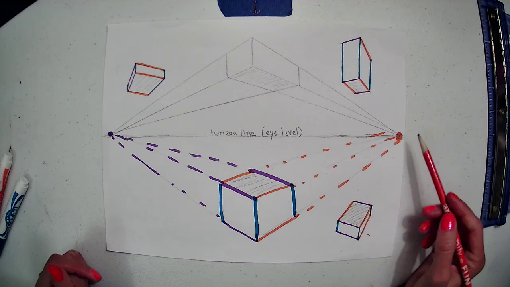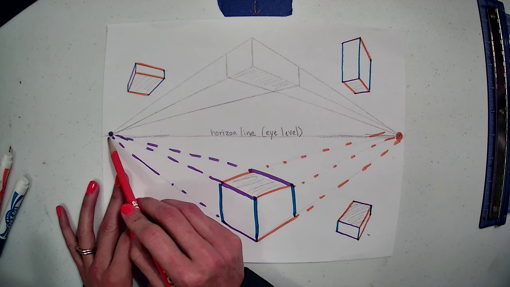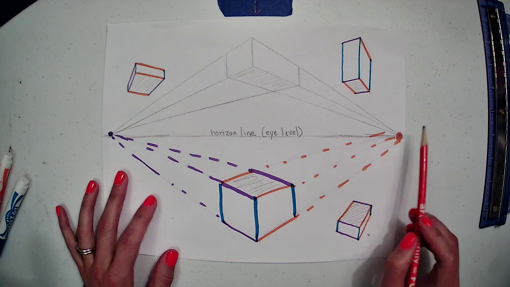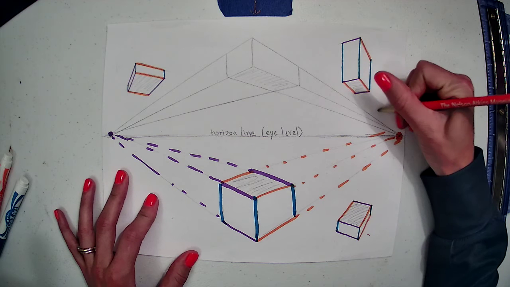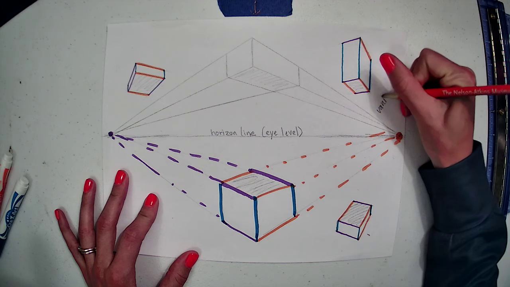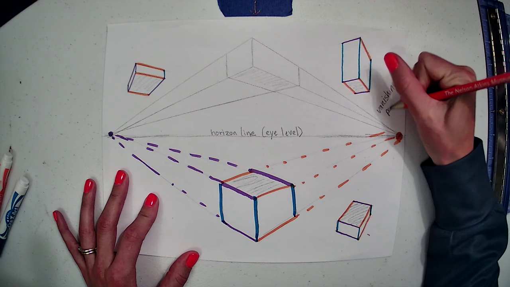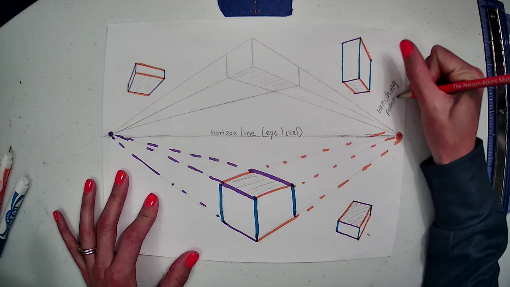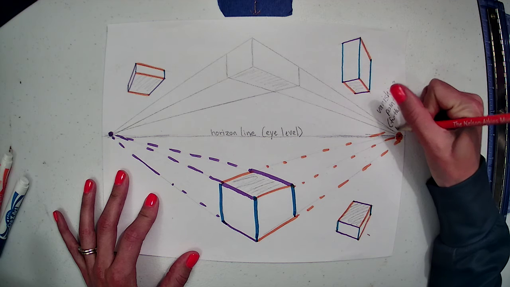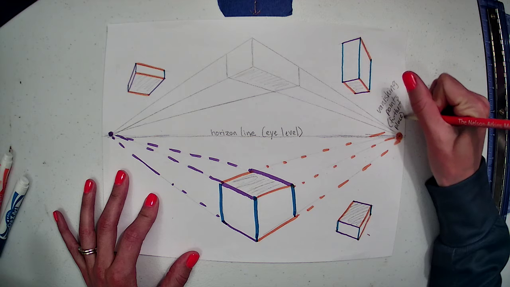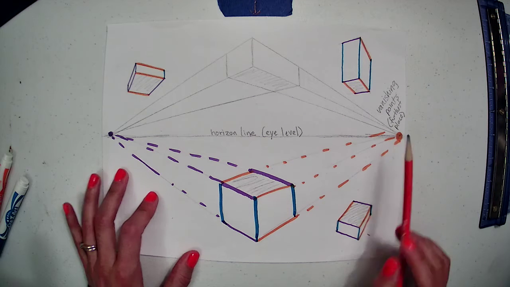Then, after we talked about that, we went ahead and set two vanishing points because it's two-point perspective. And what we learned is that the vanishing points represent the furthest place our eye can see. It's the most distant place in the illusion, and obviously we have two of those.